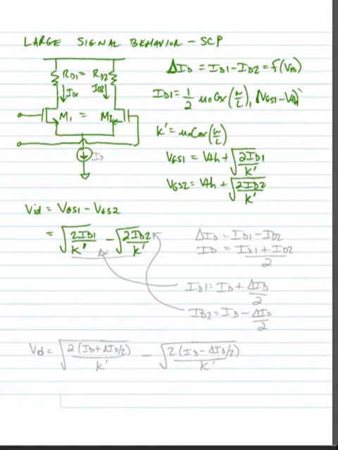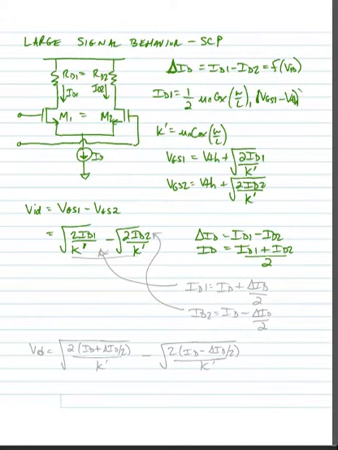Now we're going to define our delta ID as equaling ID1 minus ID2, and we could define ID as the average of the two currents, where ID would be the current through the current source here, and it would be equal to (ID1 plus ID2) divided by 2.